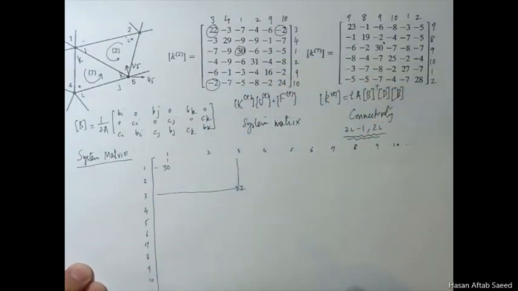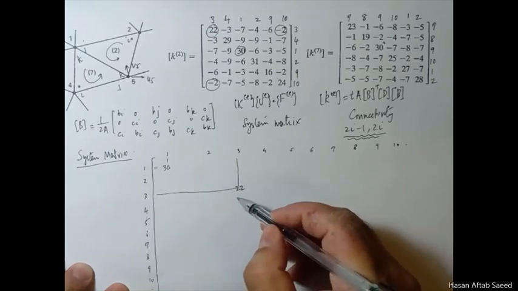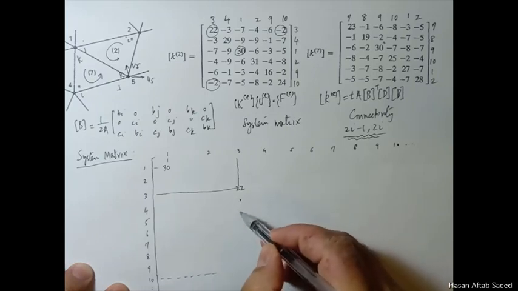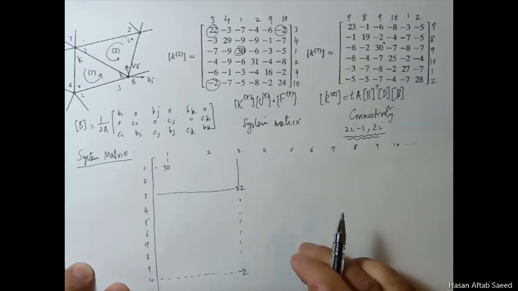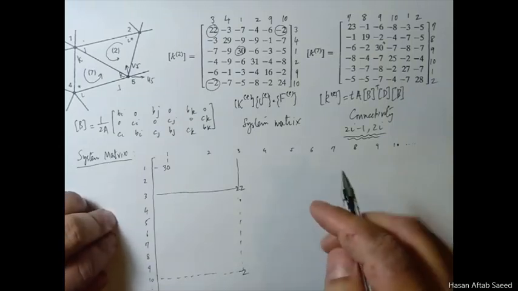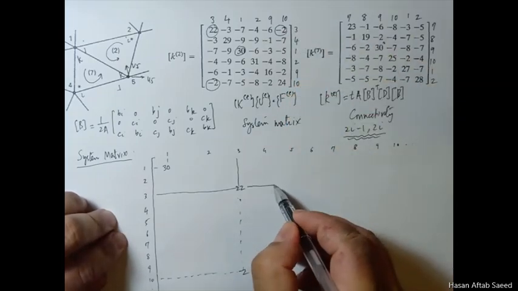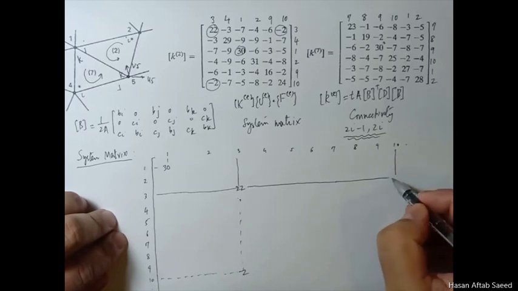Because it's symmetric, both must have this value -2. So we talk about 10 3 first. This is 10 and this is 3, so you have -2 here. Similarly, if we talk about this one, this is 3 10. 3 10 means you extend this 3, and here you have -2.